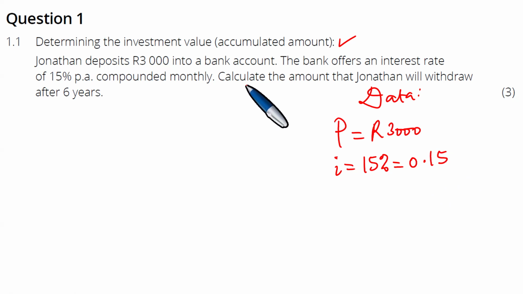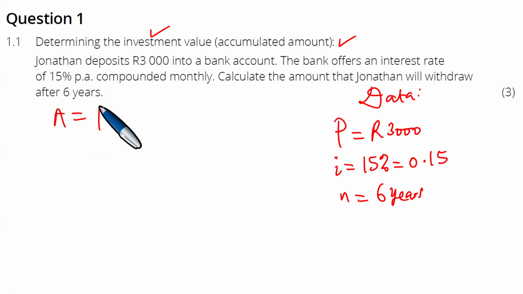Now, calculate the amount that Jonathan withdraws in 6 years. N equals exactly 6 years. A couple of things become very important. Because this is an investment, you're going to use the appreciation formula, A equals P times 1 plus i to the nth power.